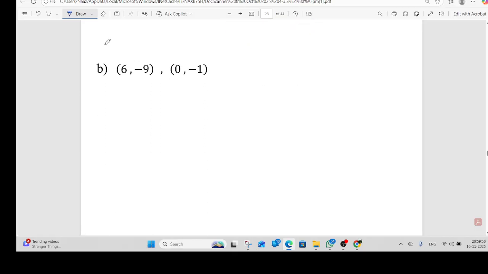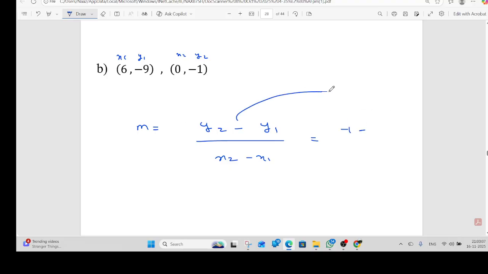Now we have this. Again the same thing, x1, y1, x2, y2. So the formula for slope is y2 minus y1 over x2 minus x1, right? Y2 is -1, y1 is 9. So this is the negative sign from the formula, but my number is also negative, so I will put -9. x2 is 0 minus x1 which is 6.